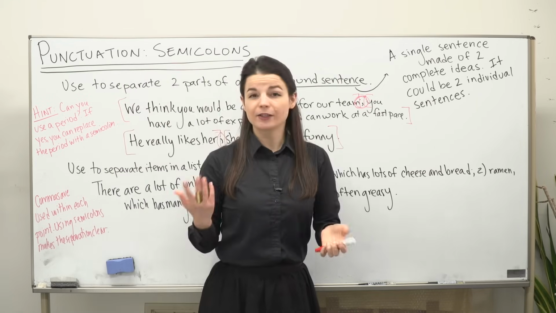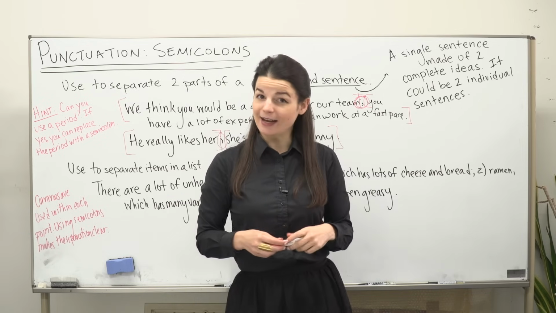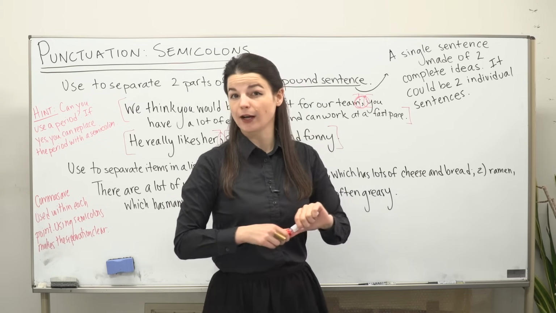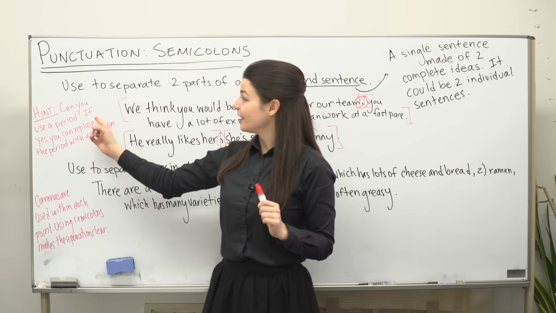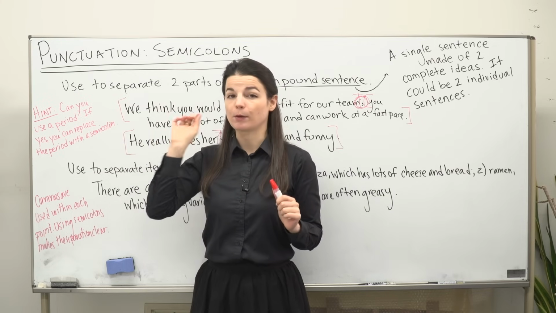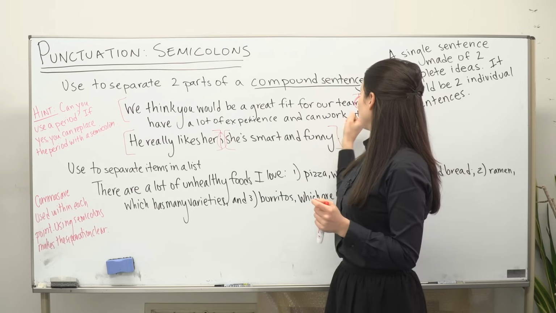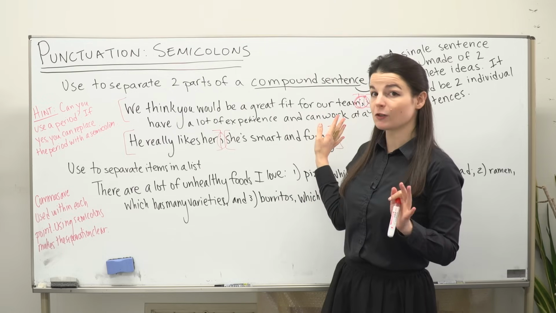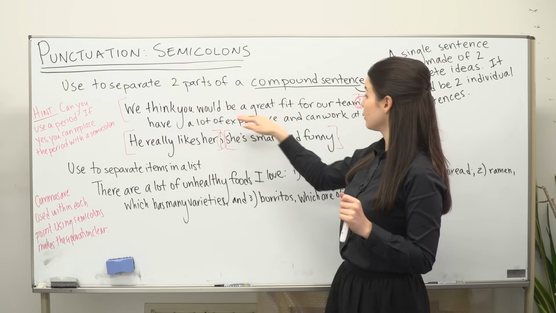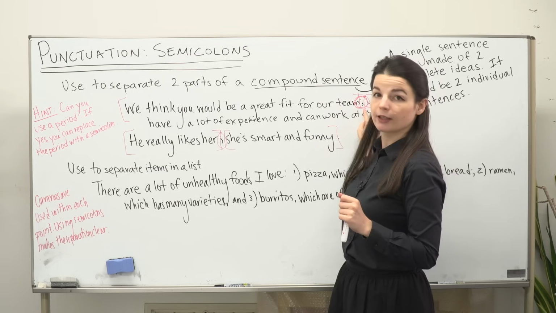Then, another tip, another hint for how to decide if you can use a semicolon or not. If you can replace your semicolon with a period, you can use a semicolon there. So by that I mean, we can look at the sentence. If it's a complete sentence, we think you would be a great fit for our team, period.